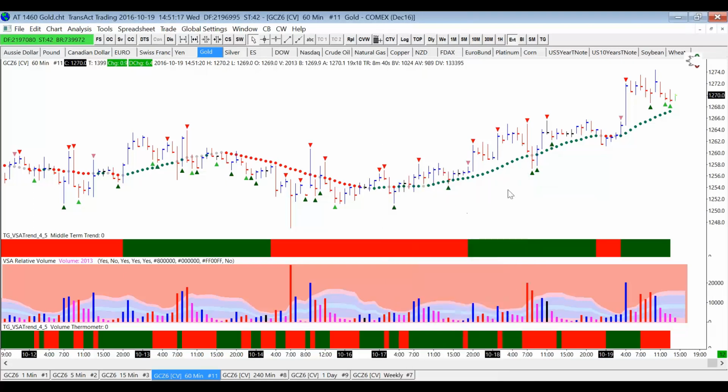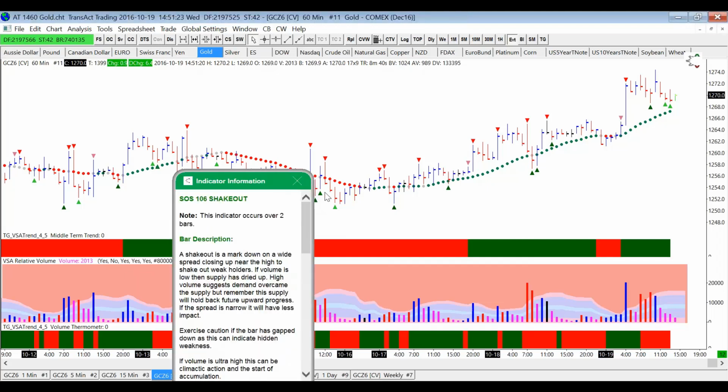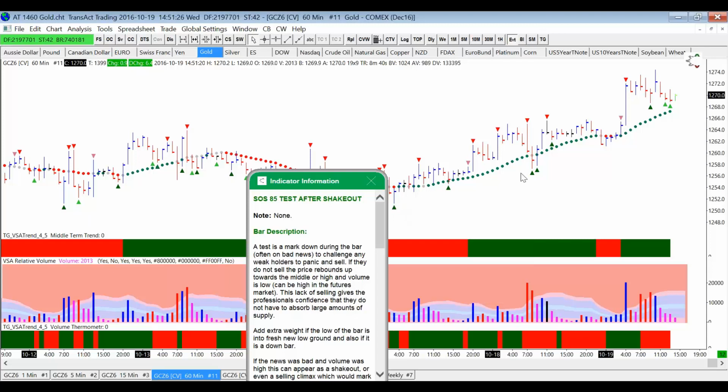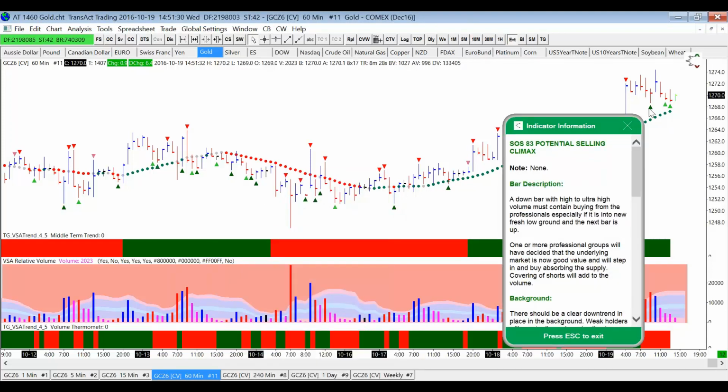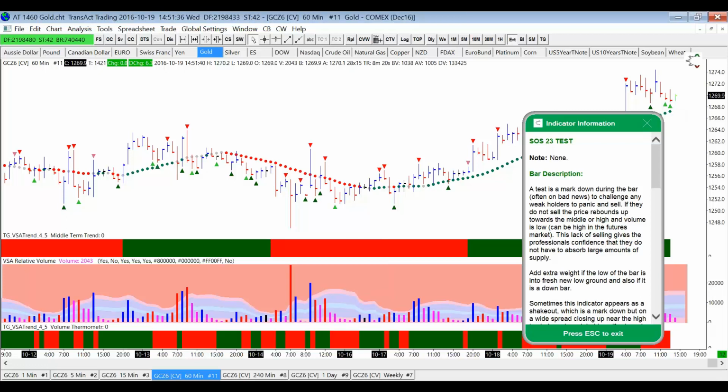And down here, all of these are sequences. Here, the test, the shakeout, the test, and then up here, even here now at the right edge of the chart, the sequence is here. There's a selling climax, a test, sign of strength 23, sign of strength 23.